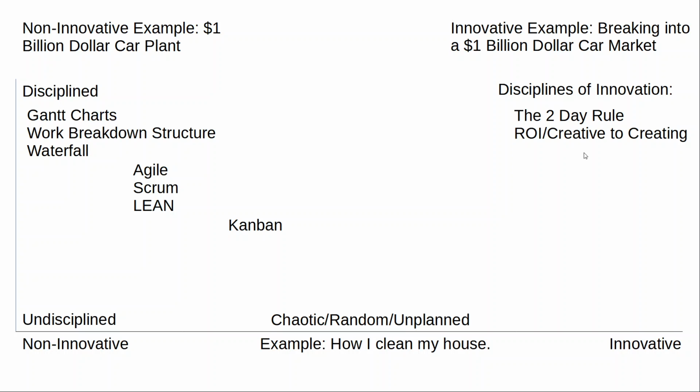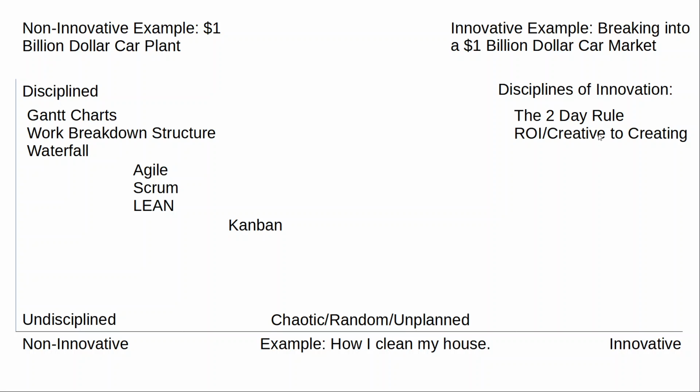Just running through ideas one after another willy-nilly is not innovation. You need to take ideas and turn them into something that can be practical and be exploited. In other words, you want to take things that are way over here on the right side of this graph and move them over here to the left side of the graph.